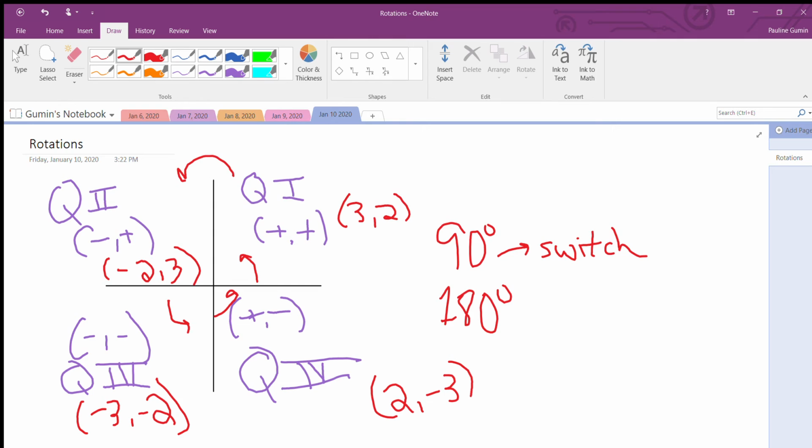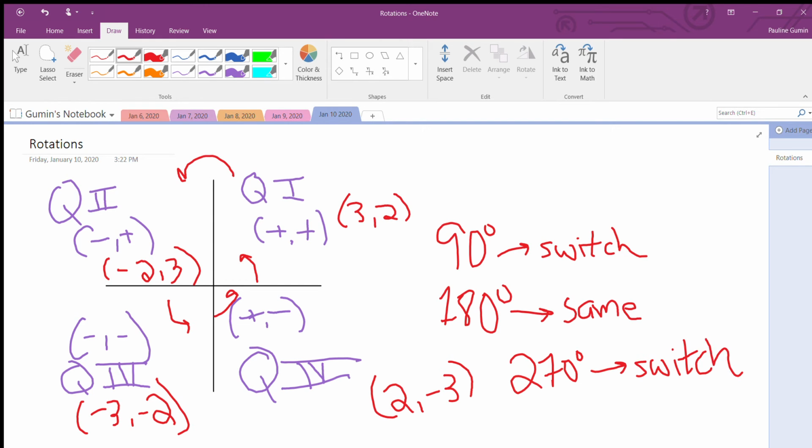At 180, they stay the same. At 270 degrees, that's 3 turns, we'll be switching them as well. Okay. All right. On that note, let's do a couple of them.